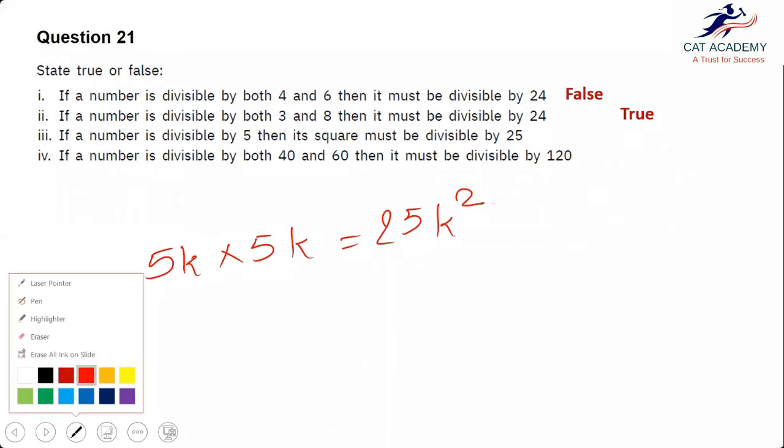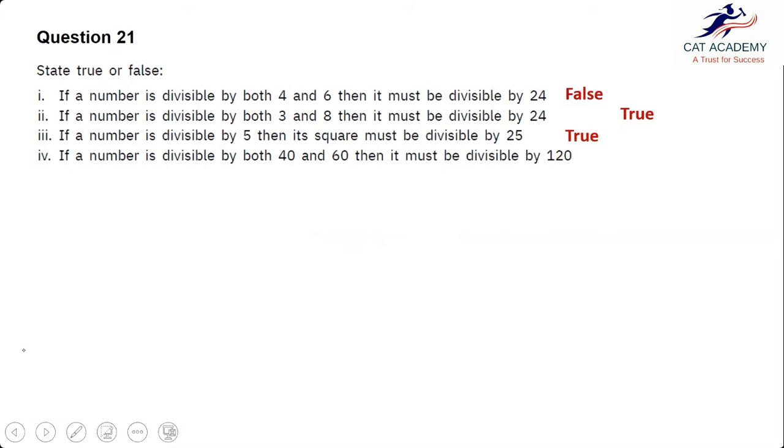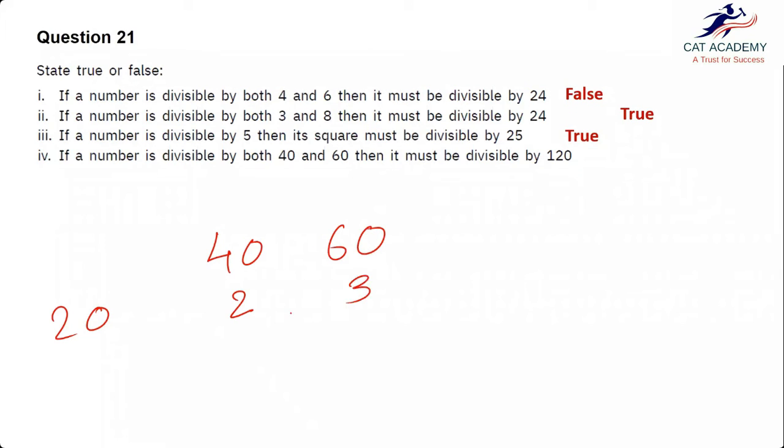Fourth. 40 and 60, it must be divisible by 120. As I said, 40 and 60. What's the best common thing that you can take out? 20 you can take out common. So here I'm left with a 2, here I'm left with a 3. So 20 into 2 into 3, that's 120. So I can say it is divisible by 120.